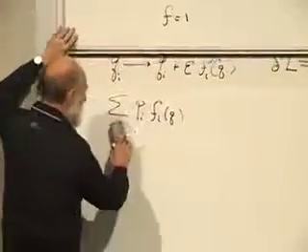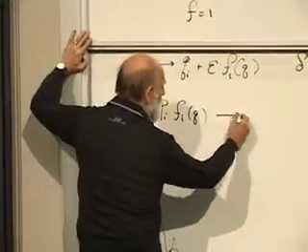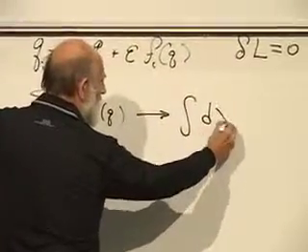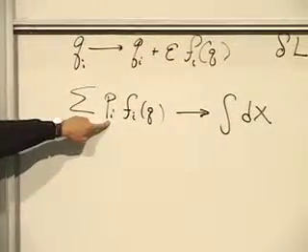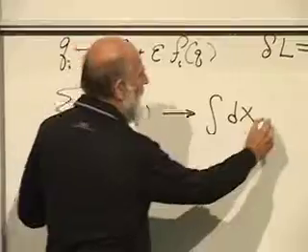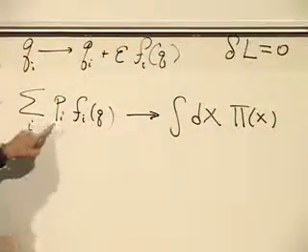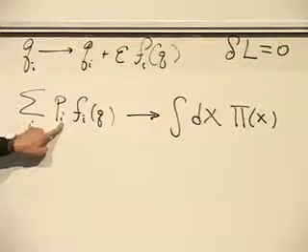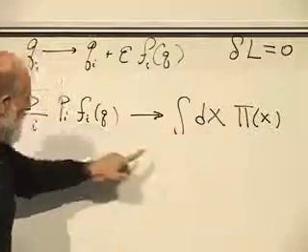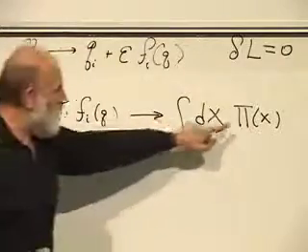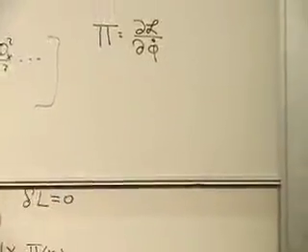And let's write out this Noether conserved quantity. In this case, it becomes the integral dx. The sum on I is replaced by the integral dx, and P sub I becomes pi of x, with pi of x being written up here.